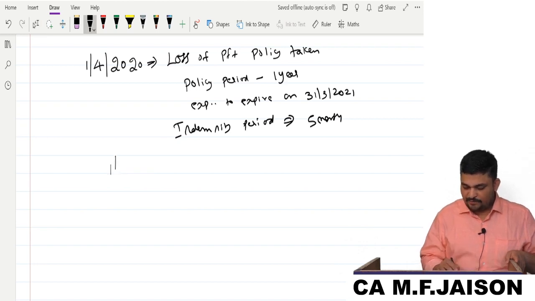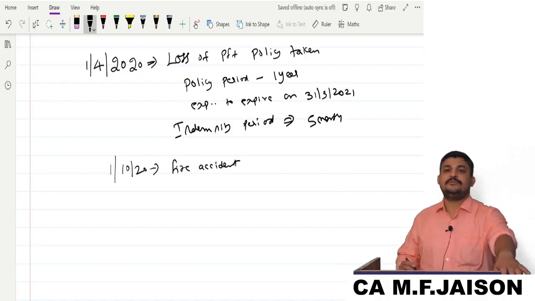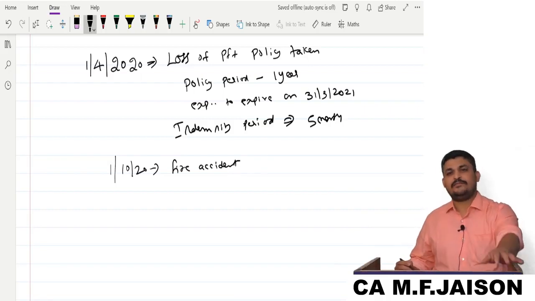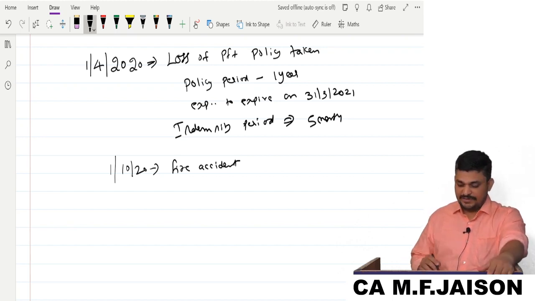Suppose, on 1st October 2020, there was a fire accident. What will be the maximum compensation period that you will be getting? Imagine I am not providing you the information about the interruption period, the period that will be taken to restore the business. From which date to which date will compensation happen?